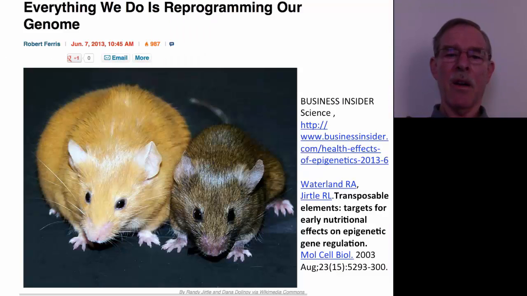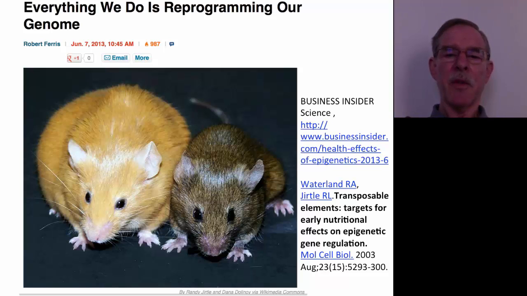Now, all of the things that affect the organism can result in reprogramming the genome. Here's an example of two different chromatin formatting events at the agouti locus in mice.